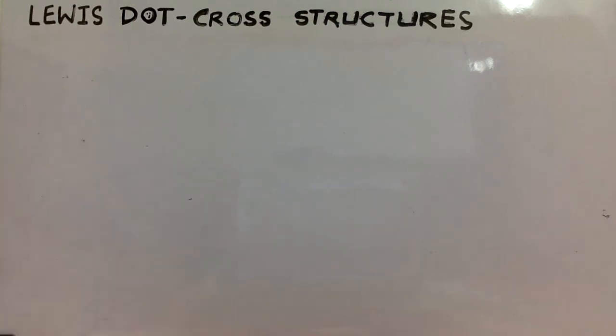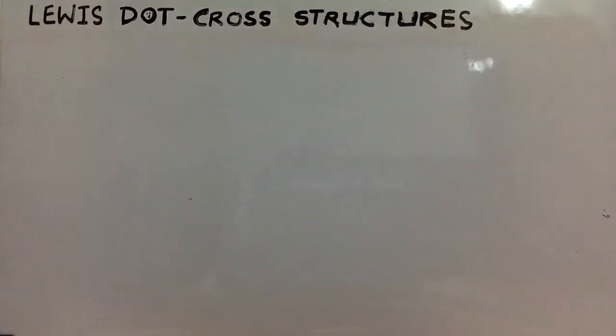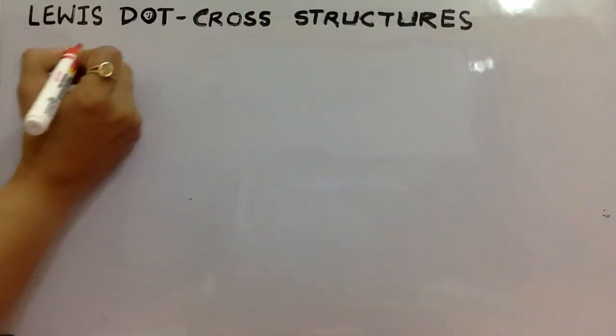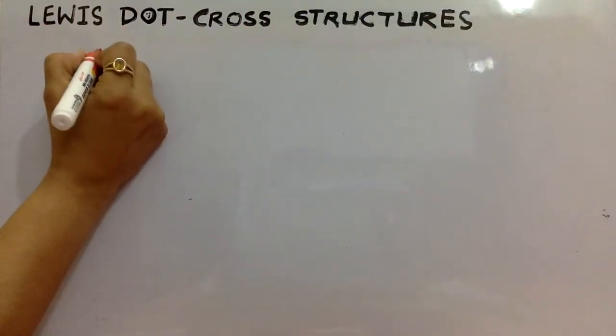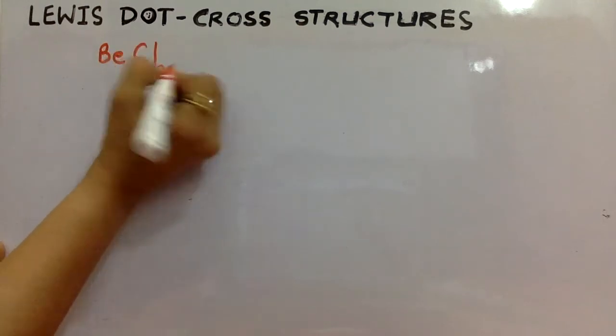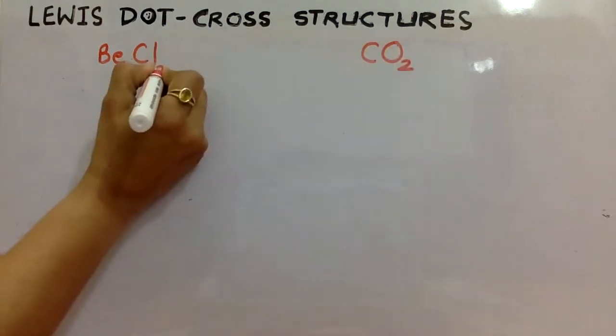Let us take the molecule of beryllium chloride and carbon dioxide.